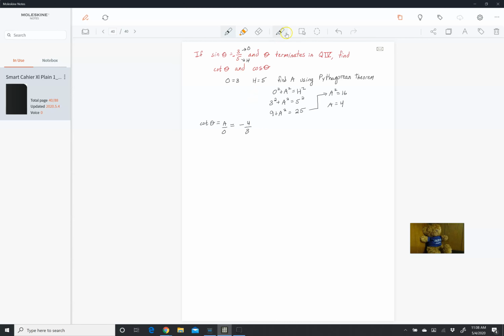And we say it's negative, once again, because tangent is negative in quadrant 4.